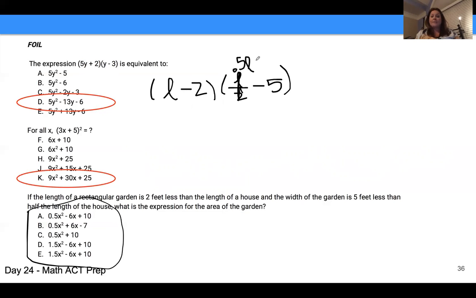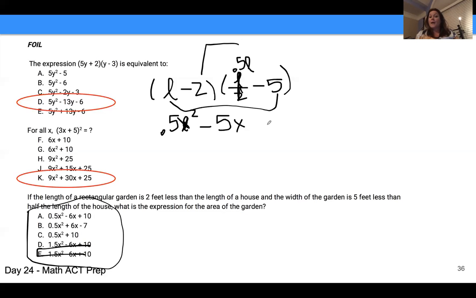So length times 0.5 length is going to give me 0.5L squared. I noticed they're using X, so maybe I want to change these to an X. I know it's not D and E. Now I've got here negative 5L, but I'm going to go ahead and change it to an X because of the answers.